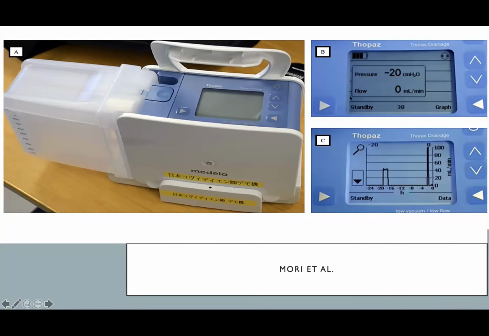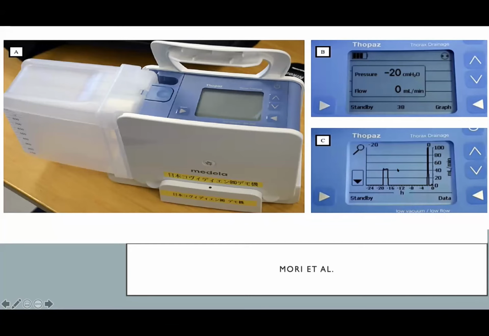Here is a basic illustration. You have the pressure that you want to put your patient on, and here the flow that usually indicates the air leak itself. It's very nice that if the patient has a significant leak, it will jump up to 1,000, 2,000, and you can nicely see it with the diagram afterwards, to see whether the patient is improving and the air leak is improving. The diagram is very nice.